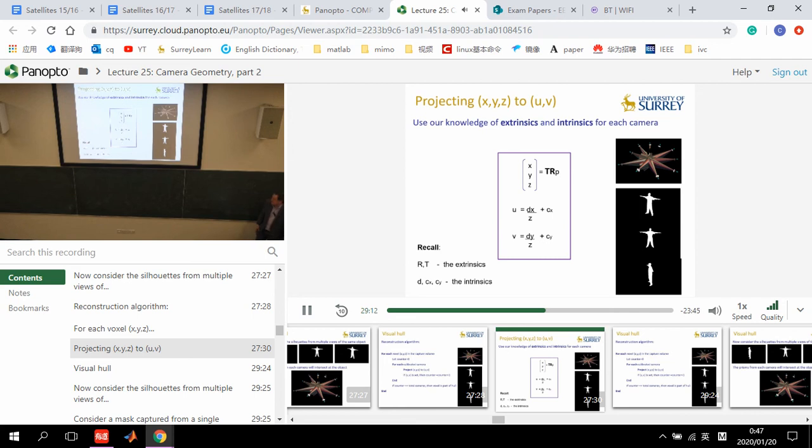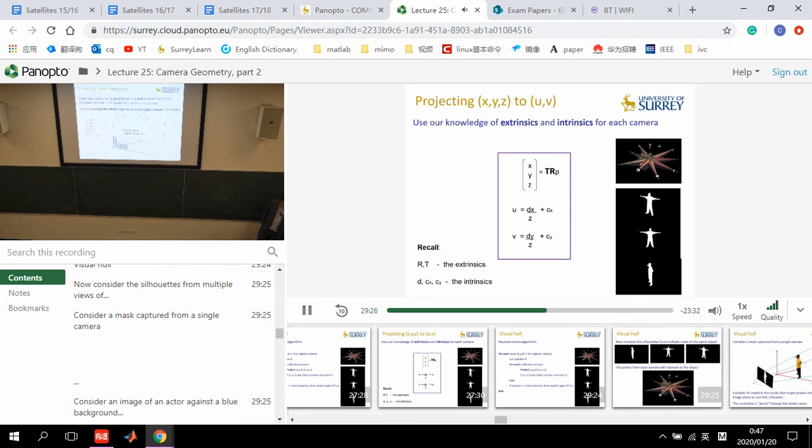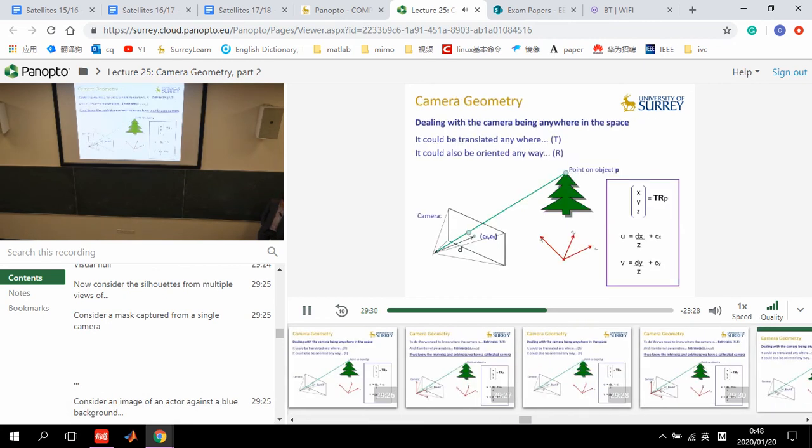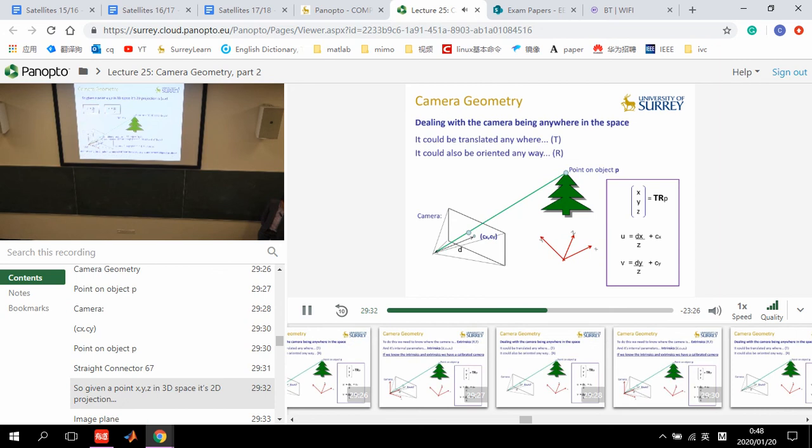The other assumption that's being made here, and we talk about it later, is that we're using a pinhole camera model. It turns out that cameras don't really look like this. Let me go back to the 2D version.